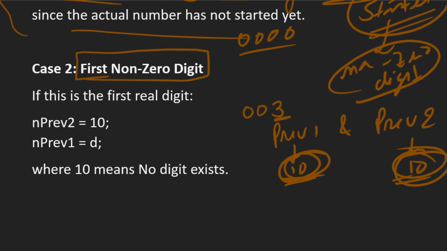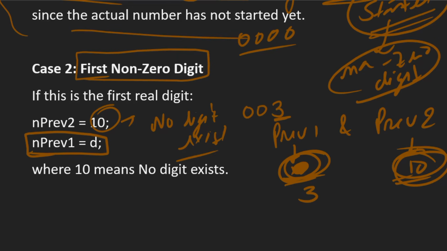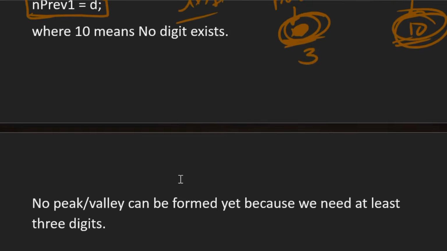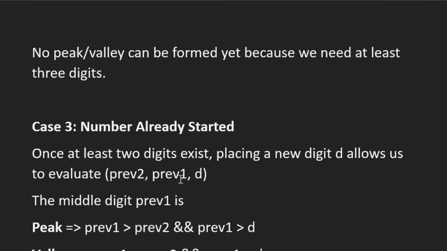But now we get a digit 3, so we update our previous one with the current digit. And here 10 means still no digit exists for previous 2. So this is case 2, that is when we get the first non-zero digit. So still no peak or valley can form, because as we know, for a peak or valley we require at least 3 digits.